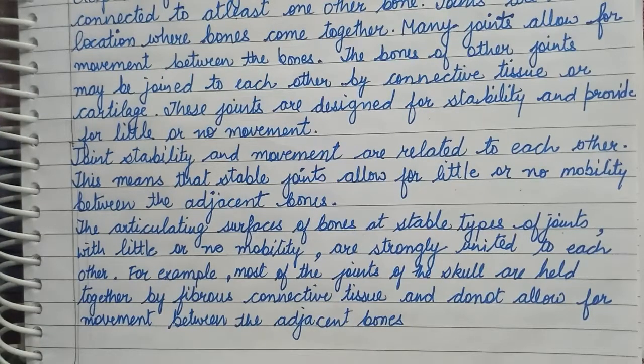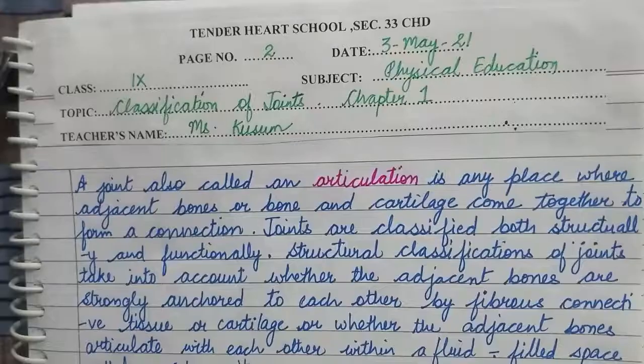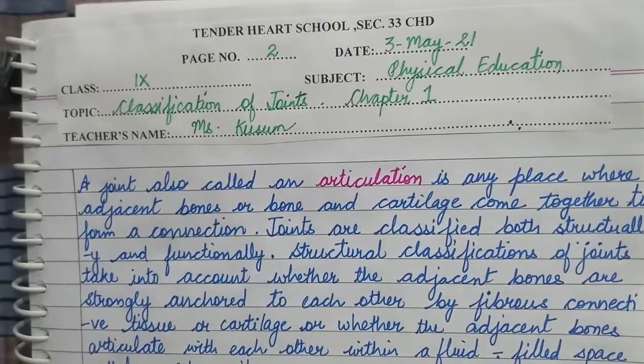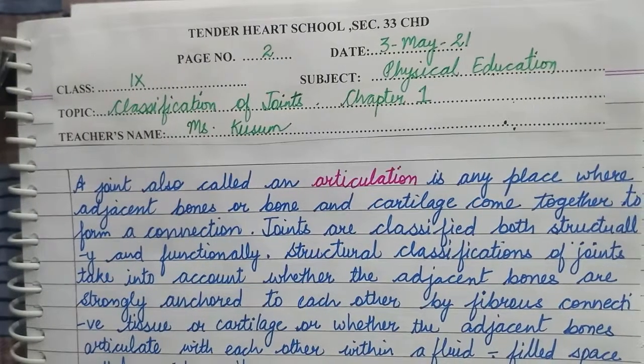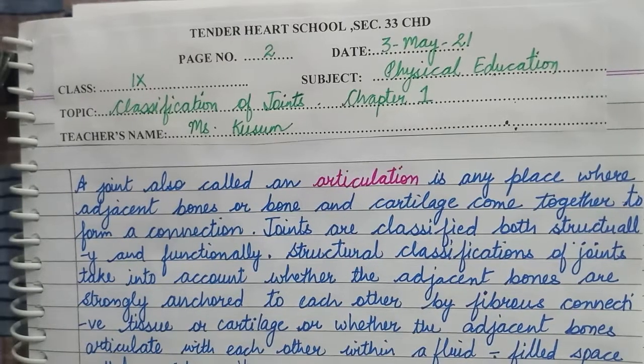The articulating surfaces of bones are stable types of joints with little or no mobility and are strongly united to each other. For example, most of the joints of the skull are held together by fibrous connective tissue and do not allow for movement between the adjacent bones. A joint, also called an articulation, is any place where adjacent bones or bone and cartilage come together to form a connection.